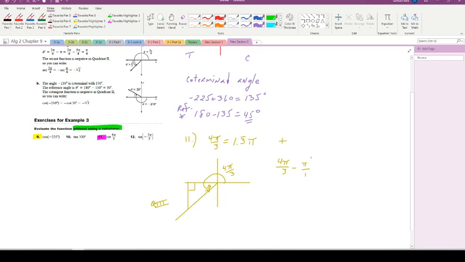But I need the same denominator, so I'm going to multiply top and bottom by 3. And that gives me 4 pi over 3 minus 3 pi over 3, which is just pi over 3. Now, if you remember, and it might help you, I just put little 60 degrees here, because that really is 60 degrees.